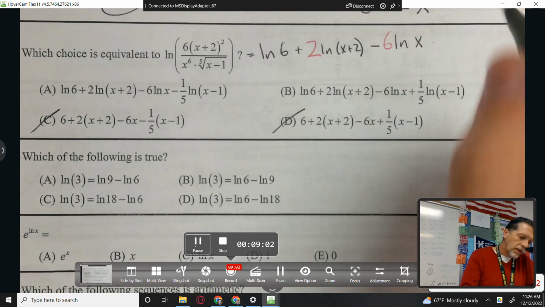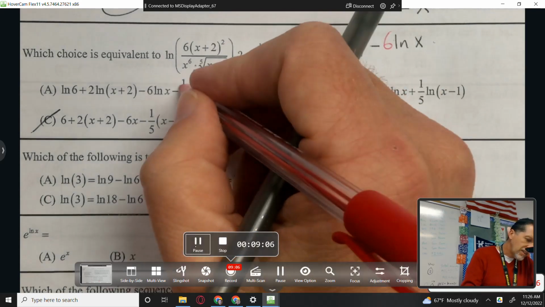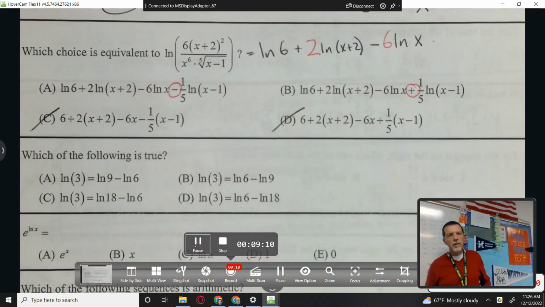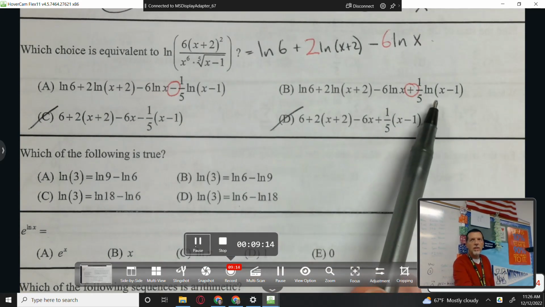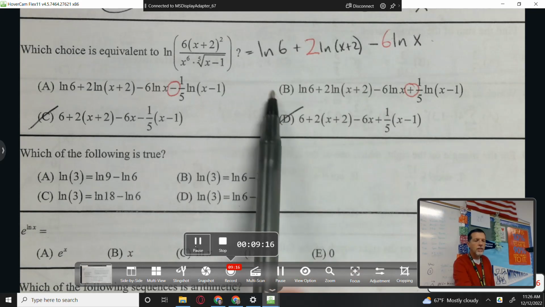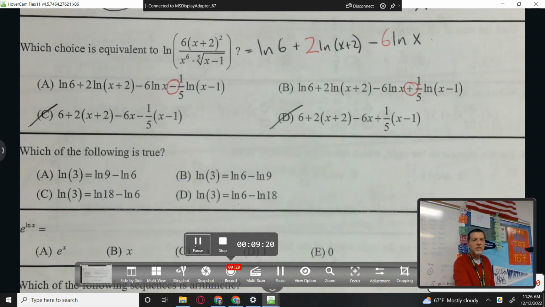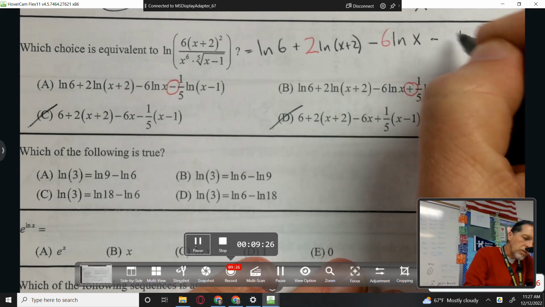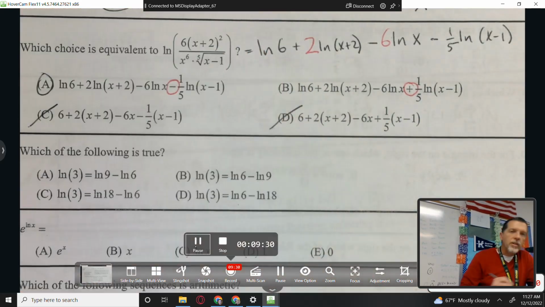And then that matches up. So the only difference between answer choices A and B is the minus and plus on that last term. What's it going to be, minus or plus? Minus, because it's being divided. So minus natural log of x minus 1, and the exponent is 1/5. So answer choice A.